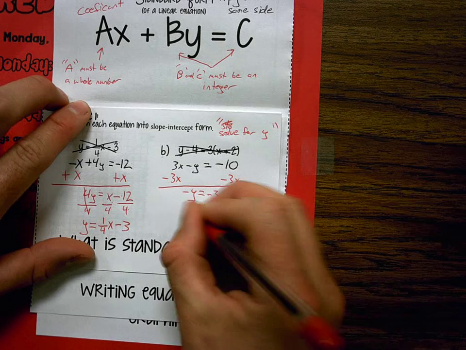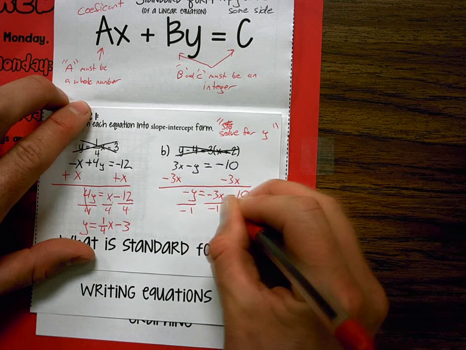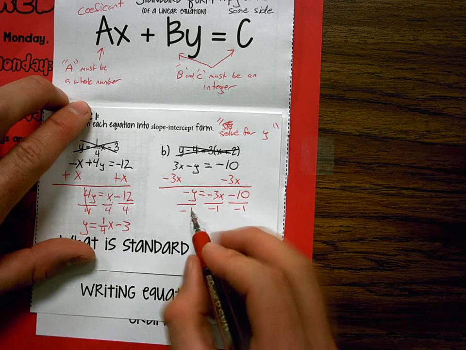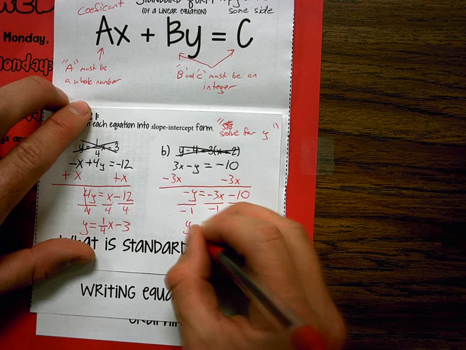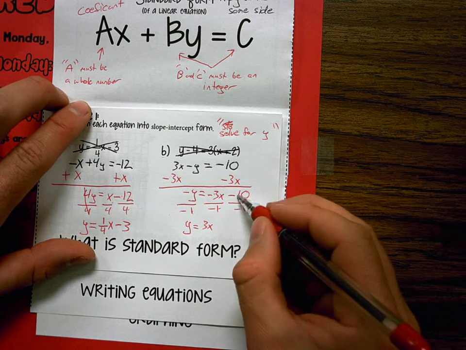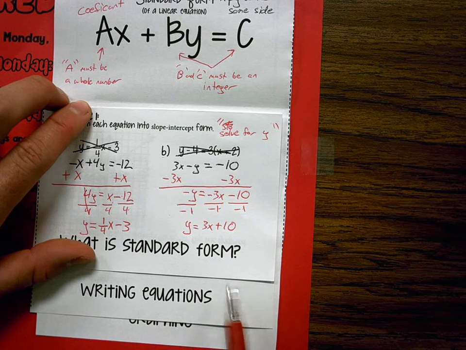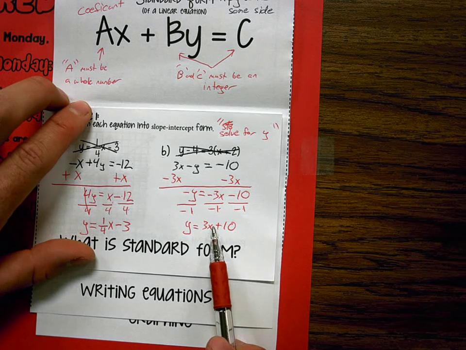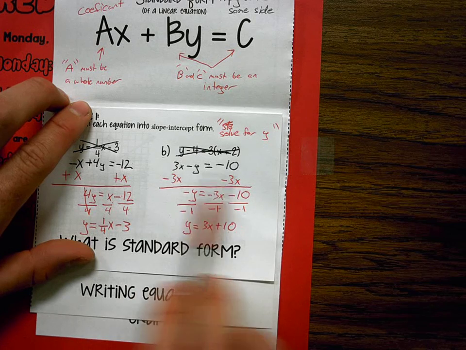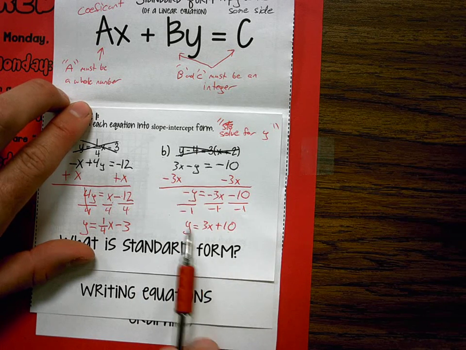To remove the negative, I must divide everything by negative 1. Negative divided by negative is positive. Negative divided by the negative is a positive. Negative divided by the negative is a positive. So what is the slope here? 3. And the y-intercept? 10. Again, from here, that's very hard to see. But if you solve for y, now it's very simple.